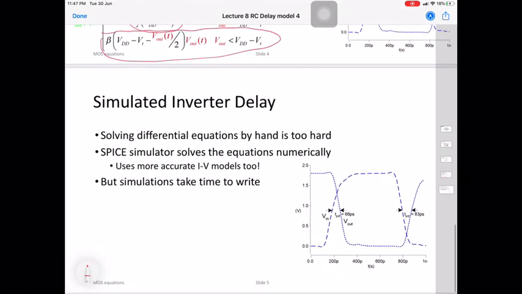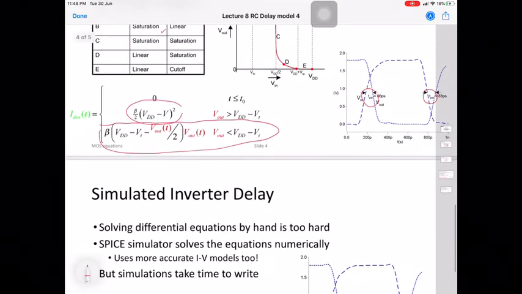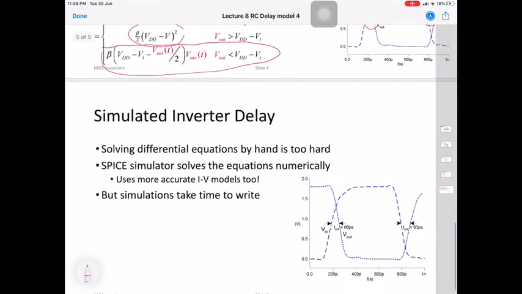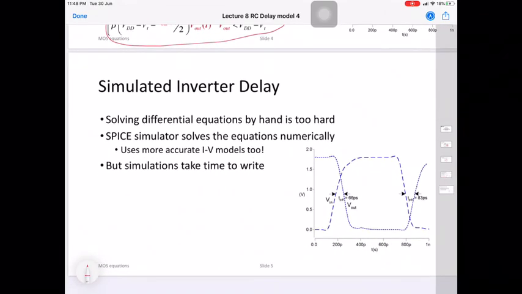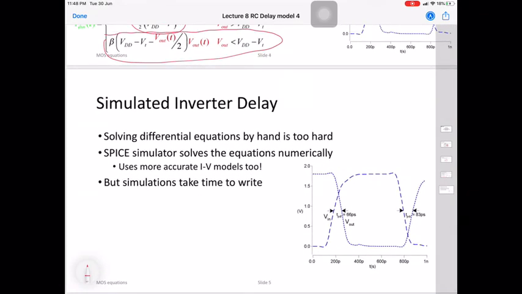Okay, so when you do this, it is hard to always use the equations. The equations can be quadratic, or this linear region equation, which is long and complicated. So in order to simplify the calculations, we can use the SPICE simulator.